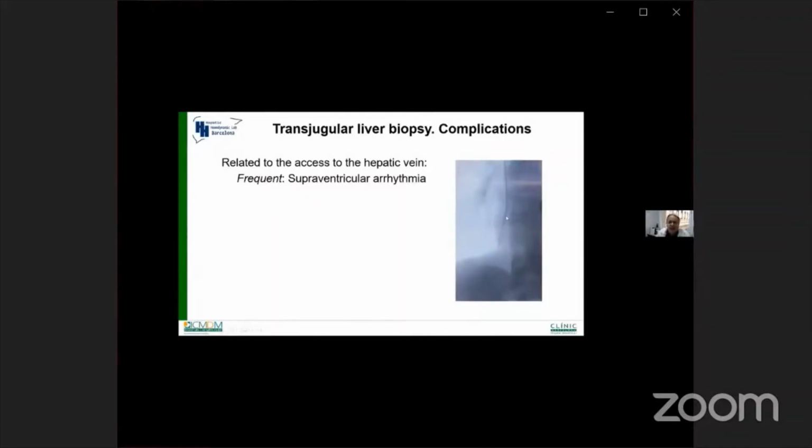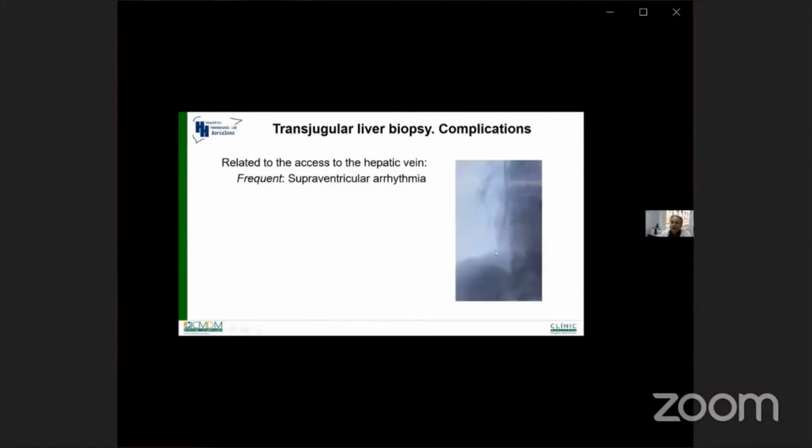In these situations, it's much better to go directly using a guide wire to the inferior vena cava without many attempts to cross the atrium, which may promote atrial arrhythmias and some damage to our patient.